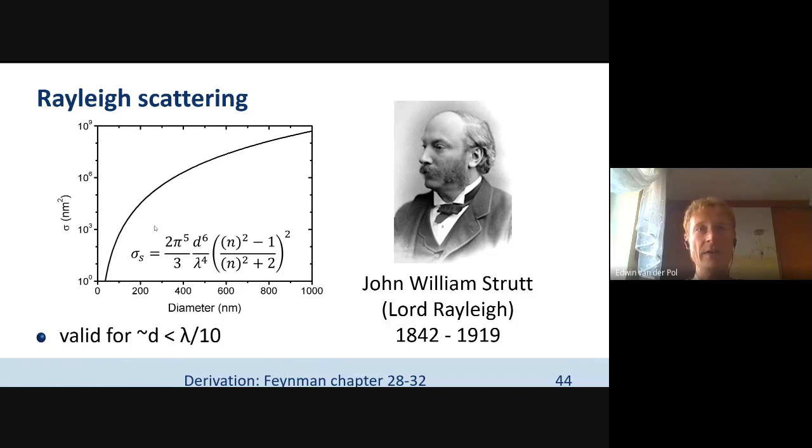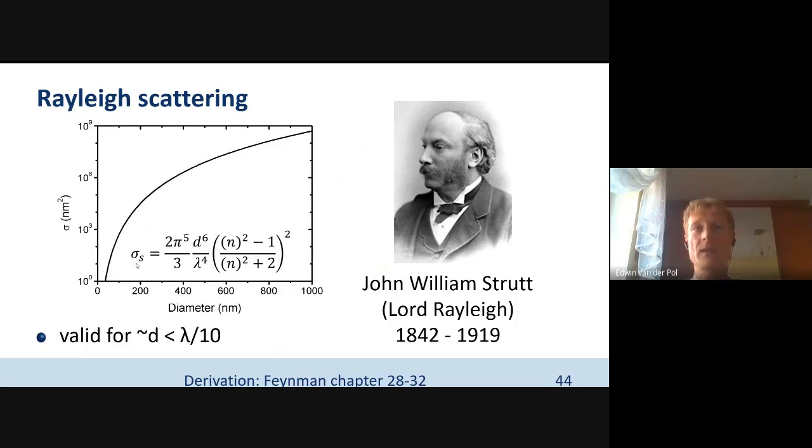Here you can see the formula. Dirk already introduced this. The formula may be written a little bit differently, but it should be the same if you solve it. The scattering cross-section is some constant times the diameter to the power of 6. So that's quite a strong relationship.